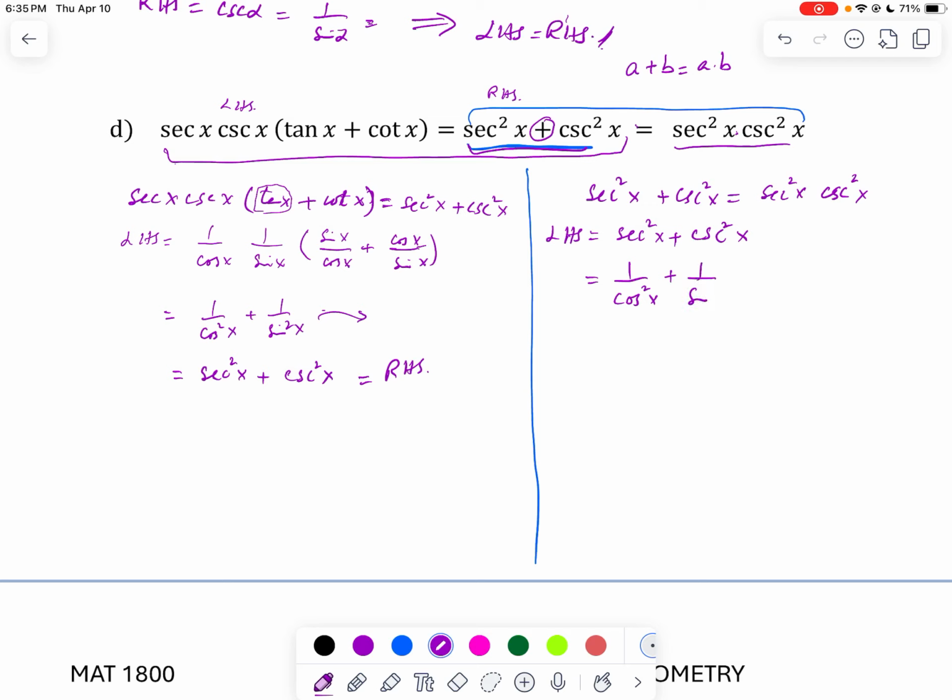And try to take the common denominator. From the numerator we get, what is sine square x plus cosine square x? That is 1.